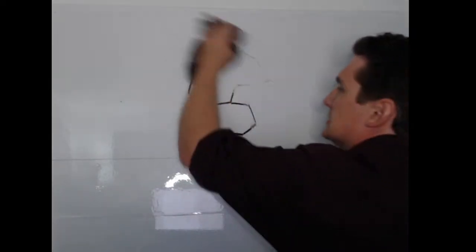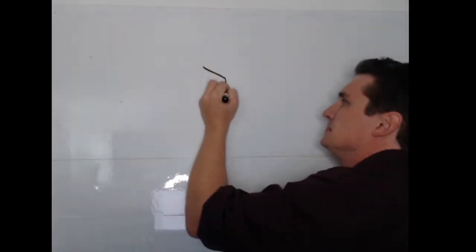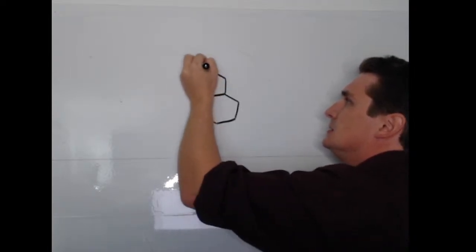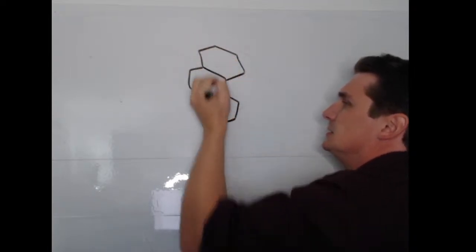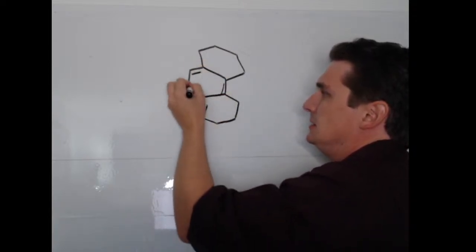Lots of 6-membered rings. Okay, so for simplicity, I'm not going to draw the rest of it. I guess I should. Okay, hold on. Double bond, double bond, double bond.